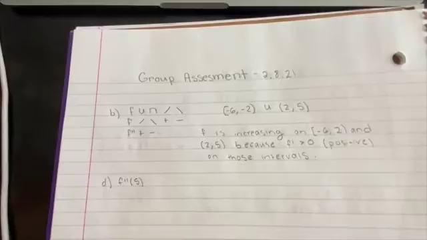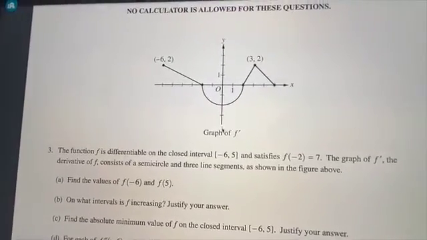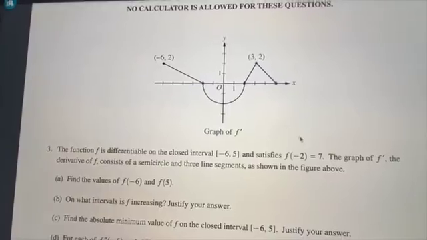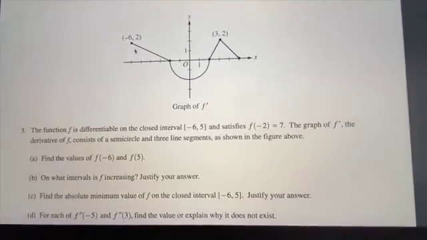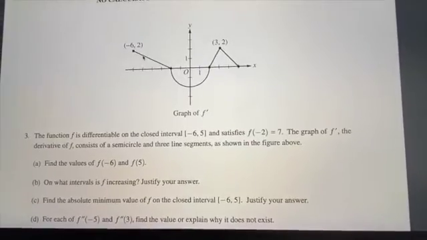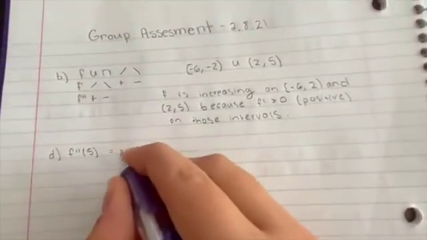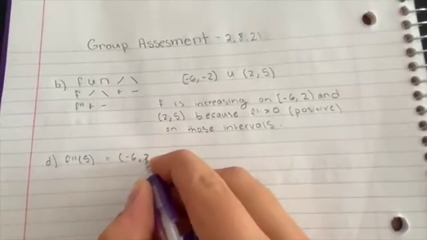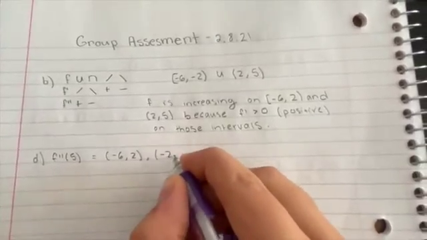Since we do have the graph of f prime, to find f double prime, all we have to do is find the slope, because that's essentially what the derivative is. So to find f double prime of -5, we need the slope of this point and this point. The first point we found was (-6, 2), and the second one is (-2, 0).